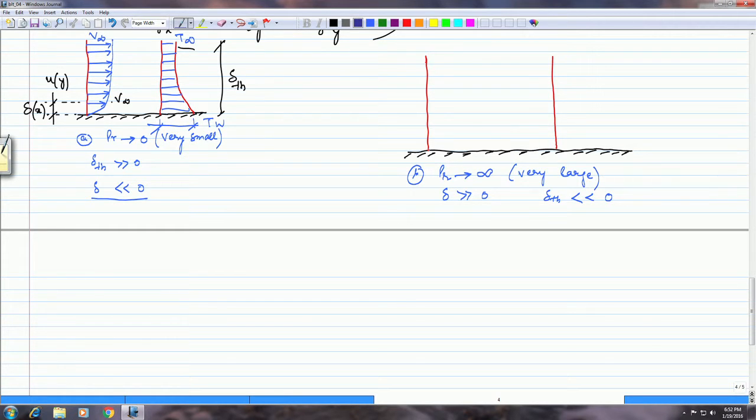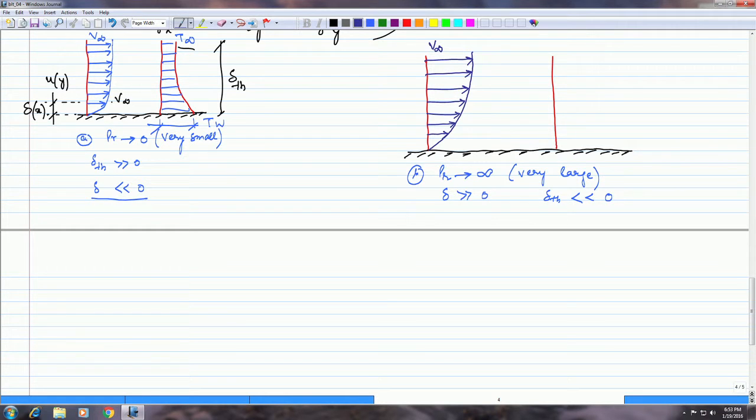So therefore here, something like that. And this is basically the free stream velocity.